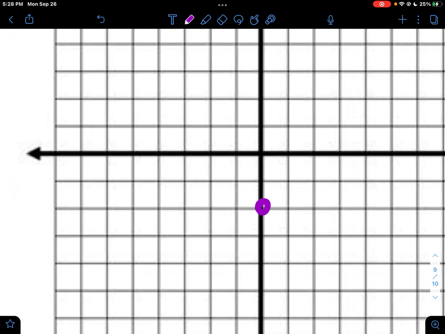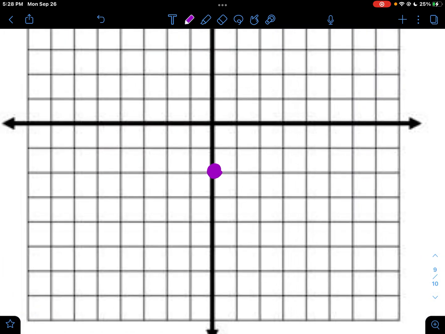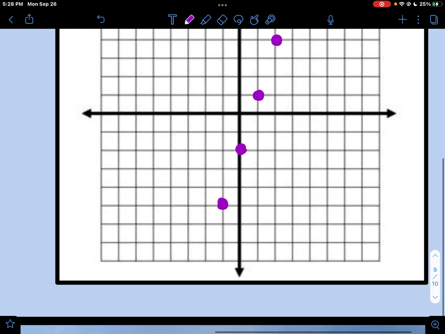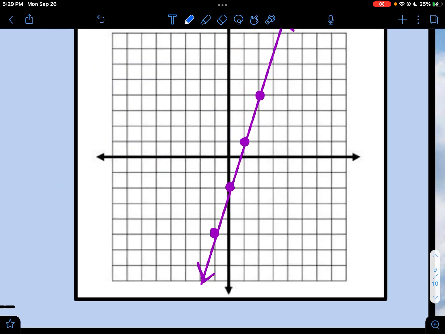So we'll go down 2 and then up 3 over 1, 2, 3. And then I'm going to graph the other one right on top of it.